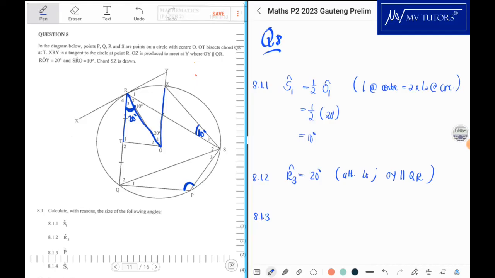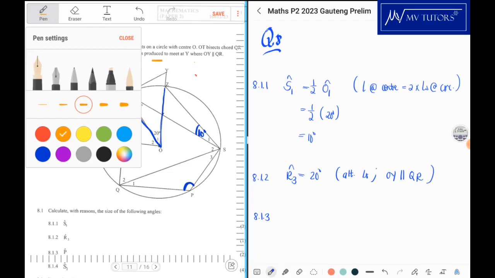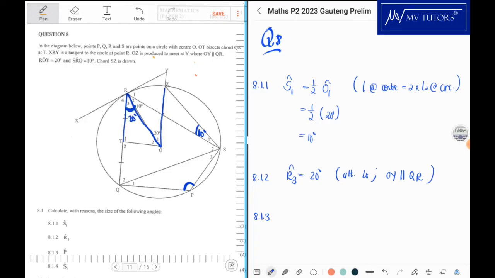Oh, actually, remember when I said we have a cyclic quad? So basically this is our cyclic quad, right? No. What am I doing?